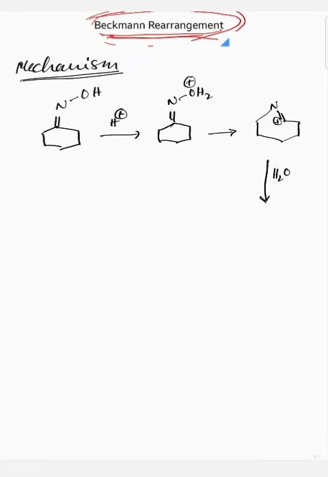I'm not writing the resonating structures now because we all know that we have nitrogen here, so nitrogen has lone pairs, and these lone pairs can come. Okay, I'm showing it. And it can form a resonating structure like this, right? So this is a resonating structure.